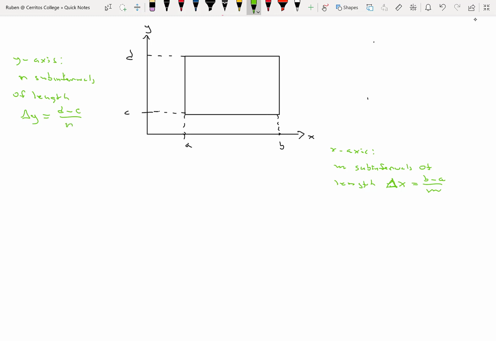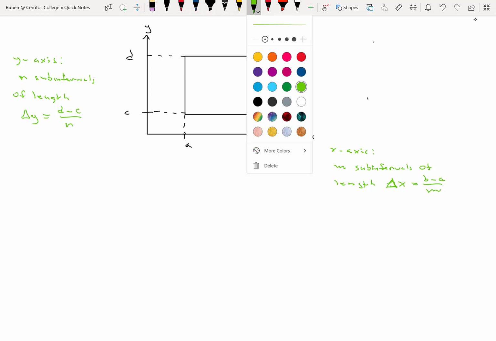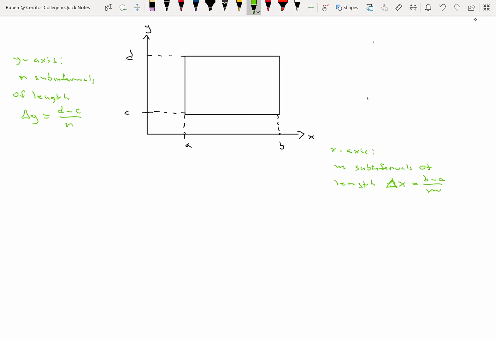Okay. So along the x-axis, we could then identify a typical x value that's defining the subinterval. So let's define x sub i, and here's x sub i minus 1.